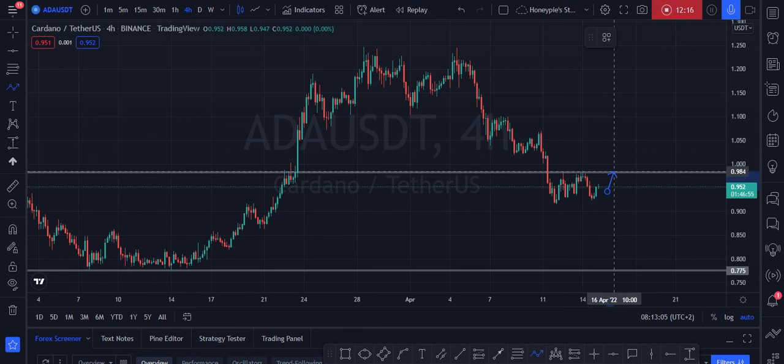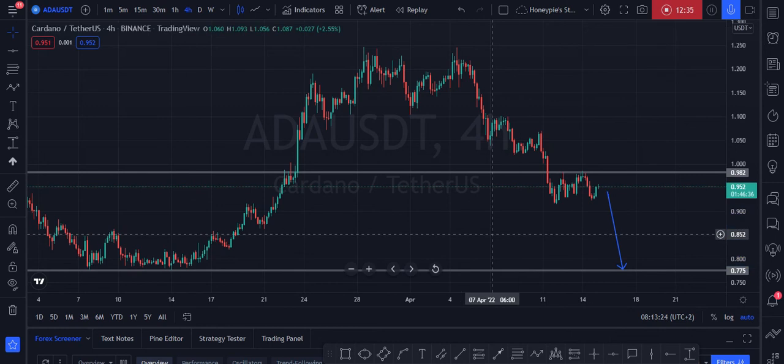So this place is then going to be called the resistance. And obviously, since here is below the current market price, it's going to be called the support.